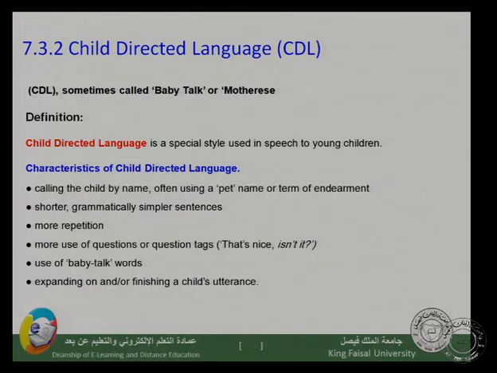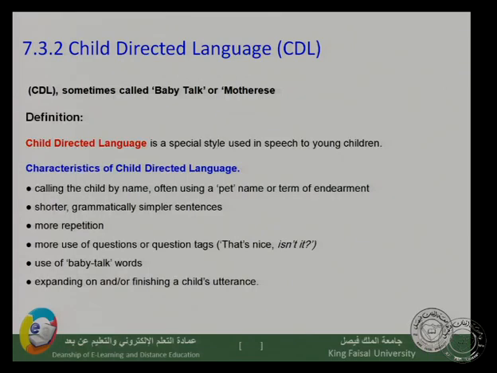We also use baby talk words which are specific to children who are under 5, and again we expand on or finish the child's utterance. When a child says a sentence and he stumbles, he is unable to continue, we can fill the gap, we can help him express or expand whatever he says by providing him with some vocabulary that he can use to continue or to complete or to finish the utterance he is saying.